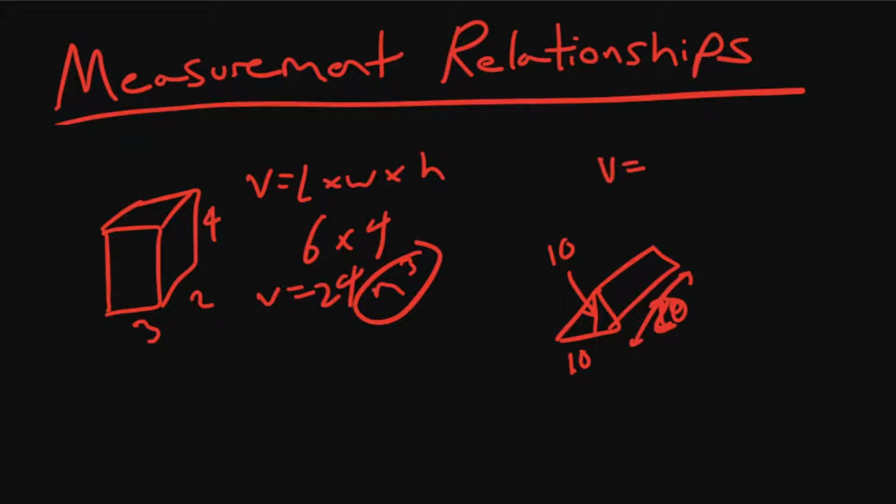The volume is basically the area of the base, base times height over 2, times length. Again, very simple stuff.